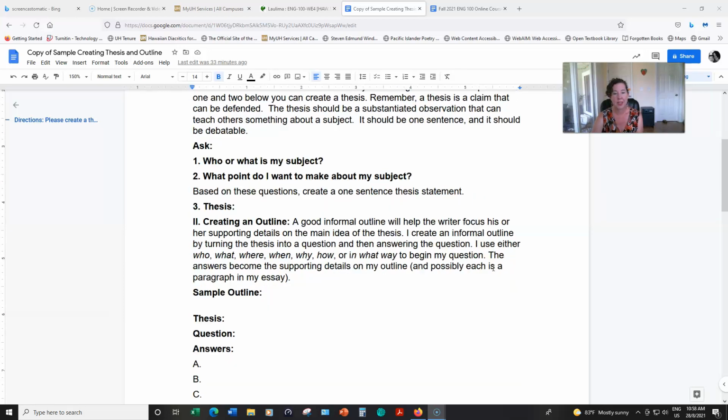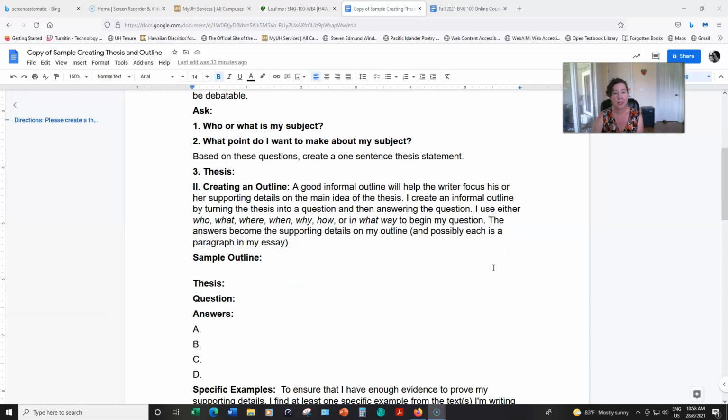Once you have a thesis statement, you need to support it. So to support your thesis statement, to come up with those supporting points, put your thesis into a question or make your thesis a question. And you can do so by using words like who, what, where, when, why, how, in what way, and so forth in front of your thesis statement to turn it into a question.